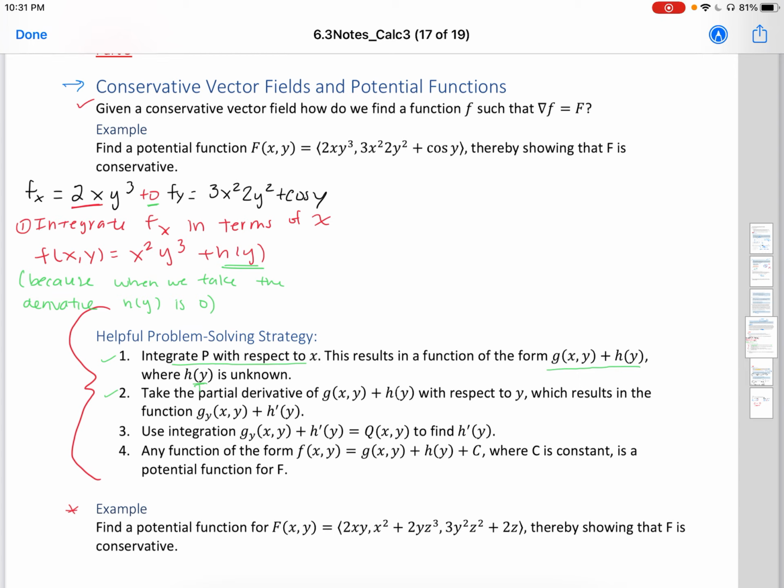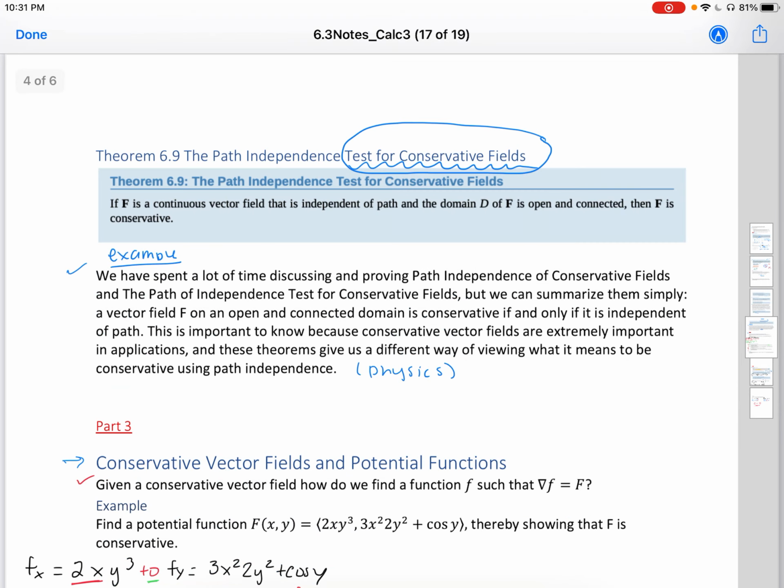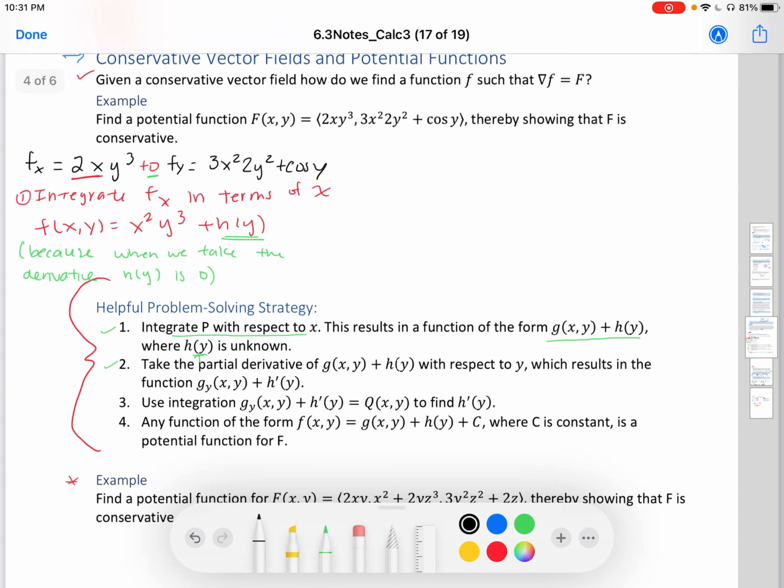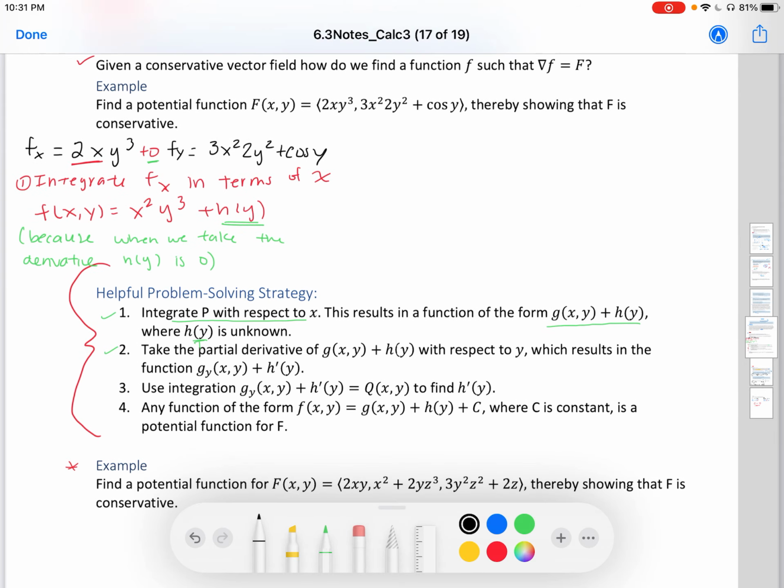All right, if we take our partial derivative, we get 3x squared y squared plus h prime of y.